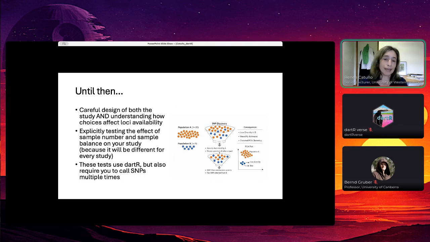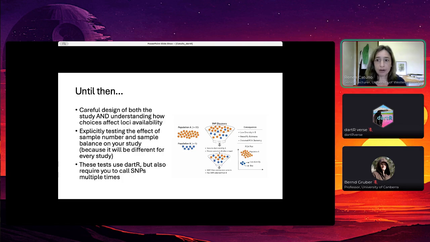And make sure when you're SNP calling that you are thinking about how that biallelic nature of the data shifts the information that you get across different sampling regimes, and know that your sample number will also affect that.